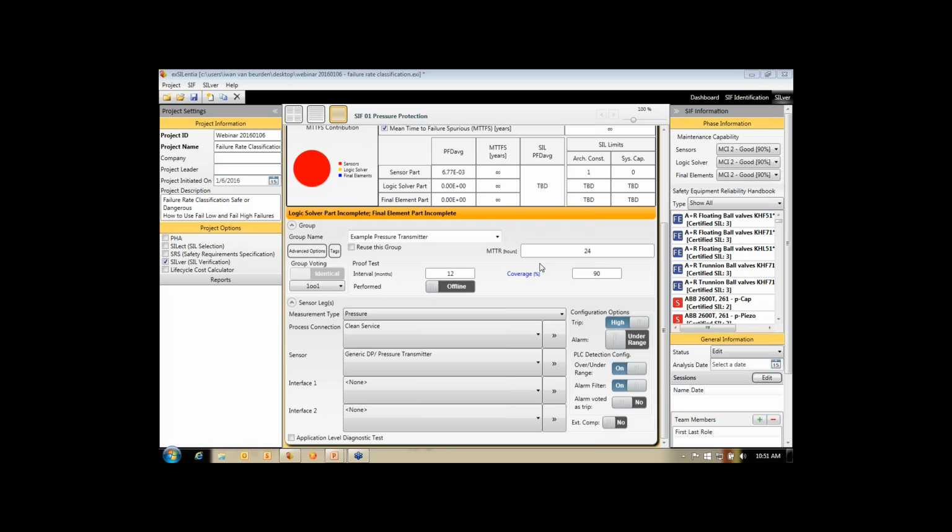If you look at final elements, in those cases there usually is a predefined operating or predefined safety function, where if there would be fail low, fail high type failures, they would already be converted into safe and danger. So we only really see this on the sensor end of the safety function.